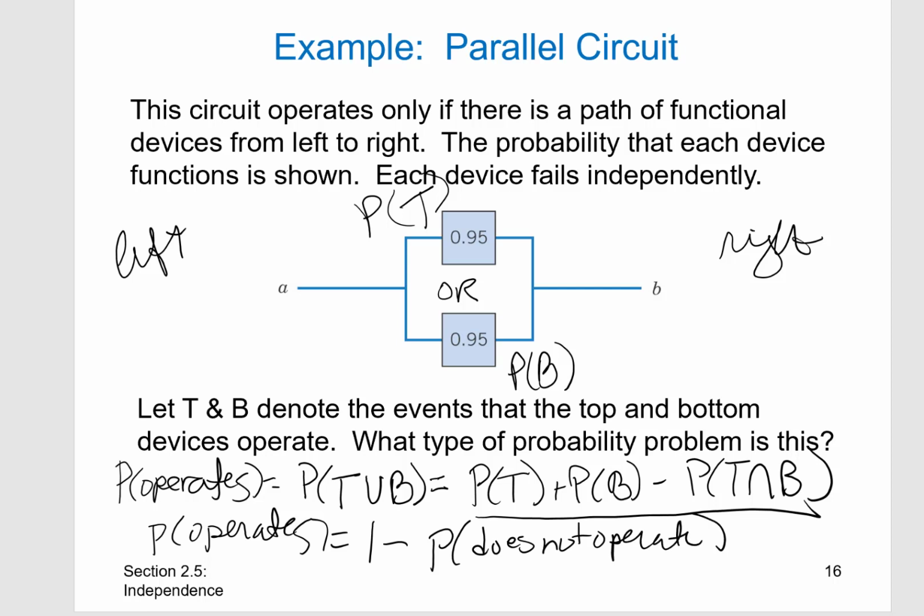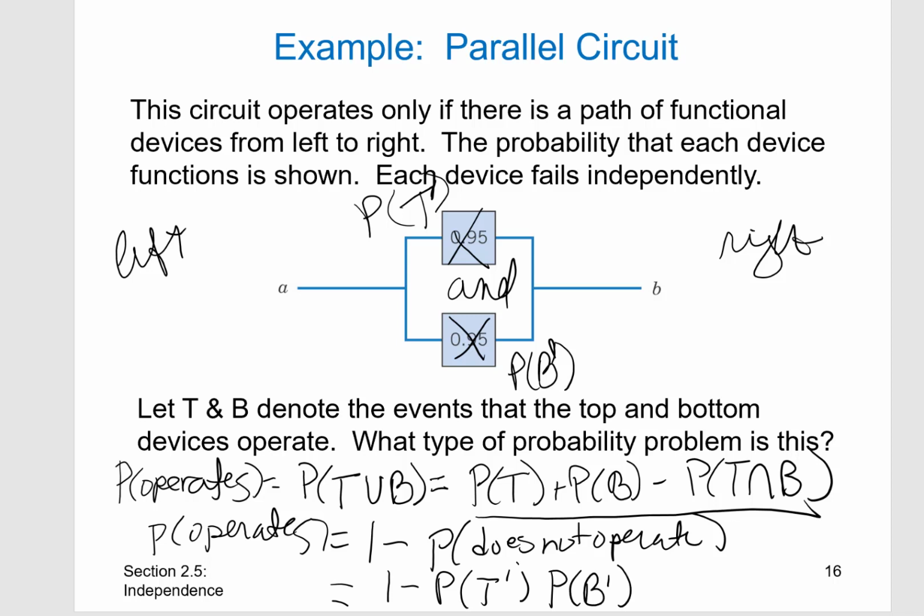And for it not to operate, that would mean that this circuit doesn't work and that circuit doesn't work. Okay? That would be an and problem, and we know how to find that since top and bottom are independent. This would just be 1 minus the probability the top doesn't work times the probability the bottom doesn't work. And we know those probabilities.